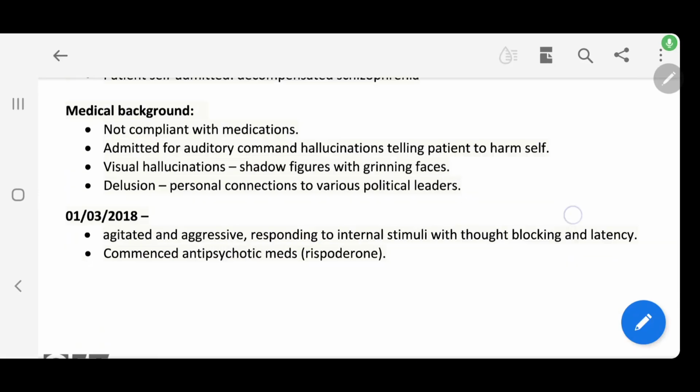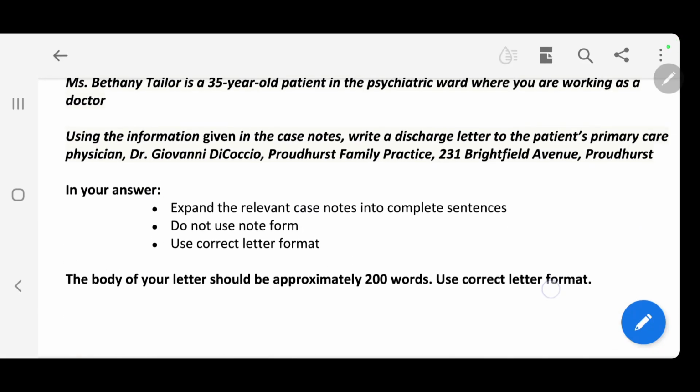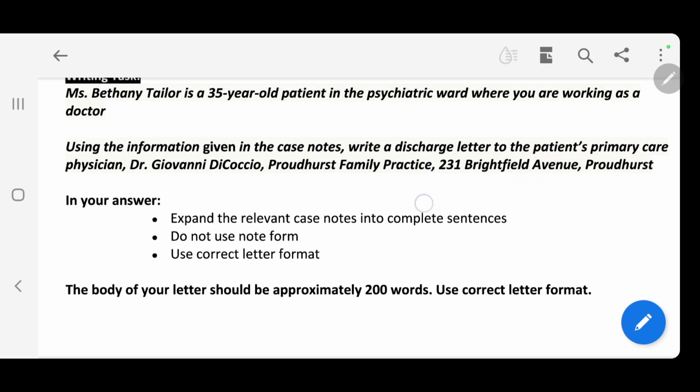See the screen of mine now. We can see that we are writing this letter to the primary care physician. If you are writing this letter to the primary care physician, first of all, past medical history will not be relevant, and social history will also not be relevant.